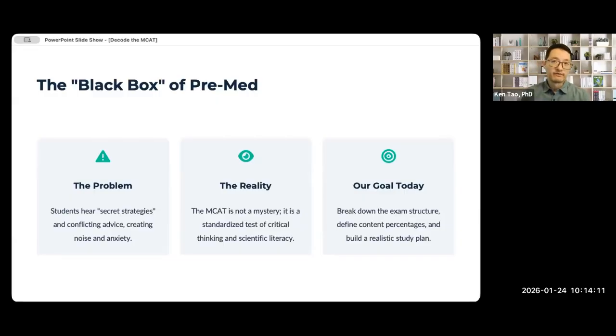It's not the professor who's designing their course specifically for pre-meds taking the MCAT. So in many cases, you're going to be learning science content in your college courses that isn't tested on the MCAT, and vice versa.